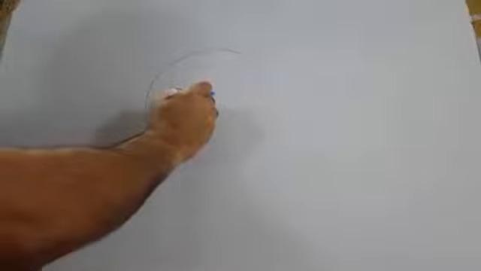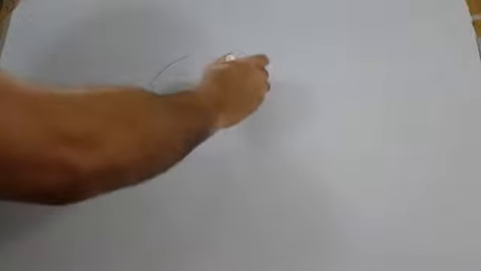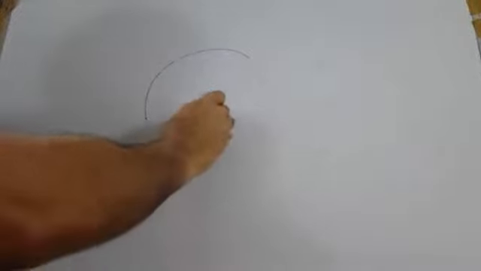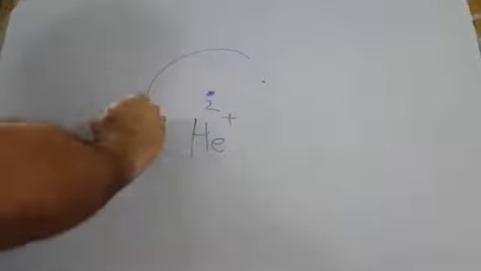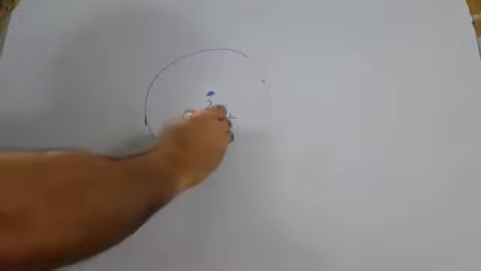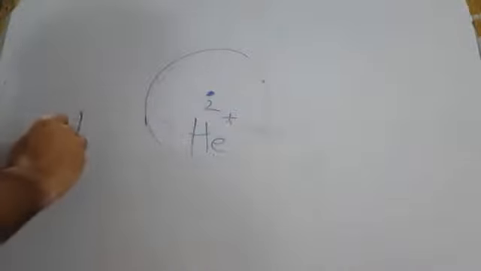Hydrogen-like species means single electron species. For example, this is say helium. Here two protons and two neutrons. And if helium is ionized, then only one electron is left. That is why He positive is a hydrogen-like species.